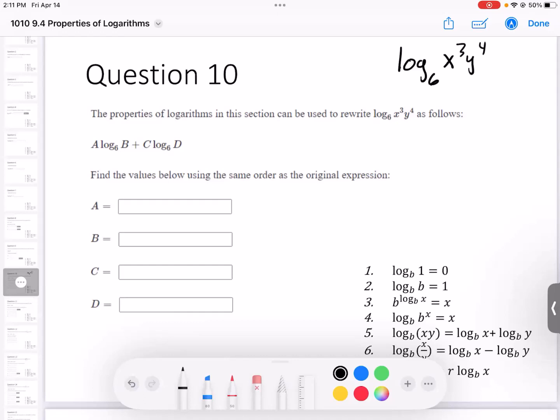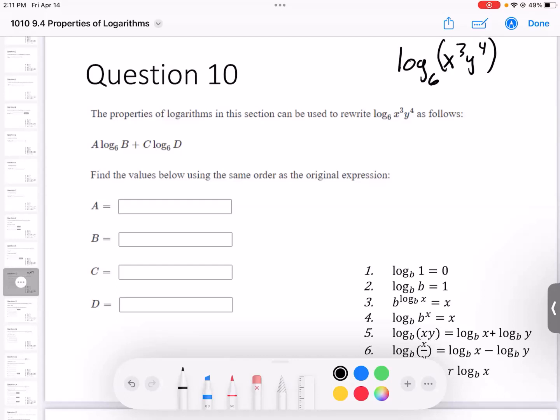And what they want us to do is take this logarithm, which is a single logarithm because it's log base 6 of all of this stuff. And it's a rather complicated logarithm because the argument has an x and a cube and a y and a 4th, and it has a lot of stuff in it. And they want us to expand it to a simpler form where rather than having the arguments be really complicated expressions, they're just single numbers or as simplified expressions as we can get them to.